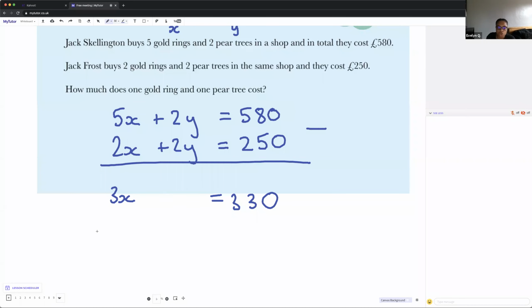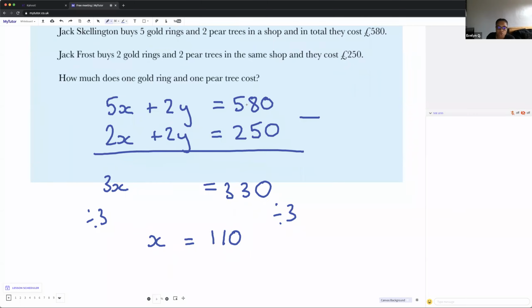So solving this, I need to divide both sides by 3. So I get x equals 330 divided by 3, which is 110. So I know 1 gold ring is £110, and then I need to work out what 1 pear tree costs.